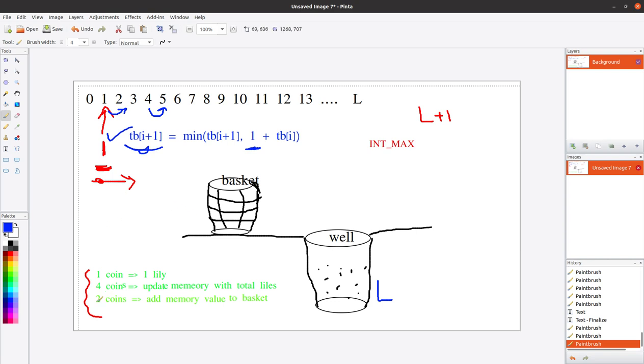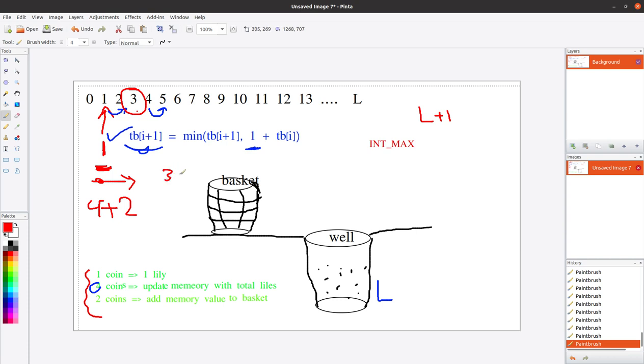The second action is we can spend 4 coins, and spending 4 coins will update the memory. So at any index, let's assume we are at index 3 here. We will spend 4 coins, then we will spend 2 coins to get 3 lilies, because we are at 3.